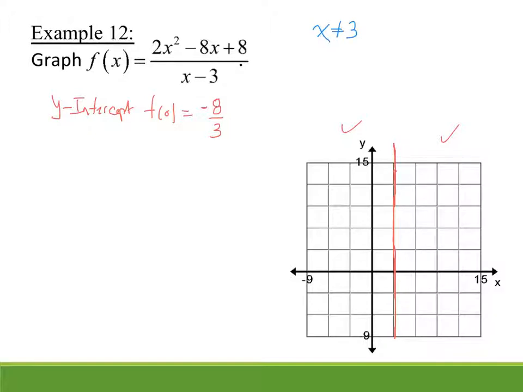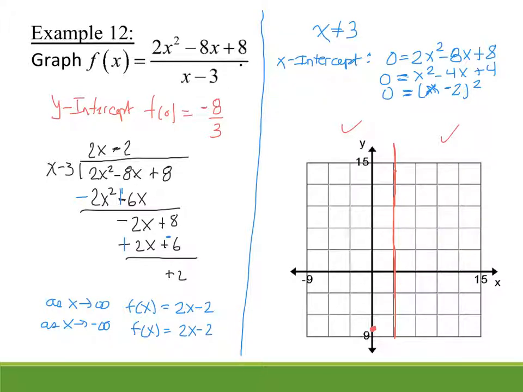It's about a negative 2 2/3. So we have a point here. And the question is, well, now how does the rest of this go? Well, we want the slant asymptotes. So what we're going to do is we're going to do the division.